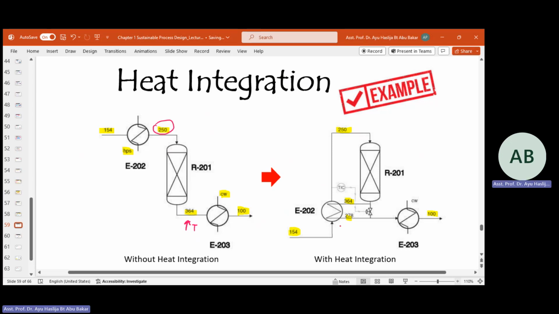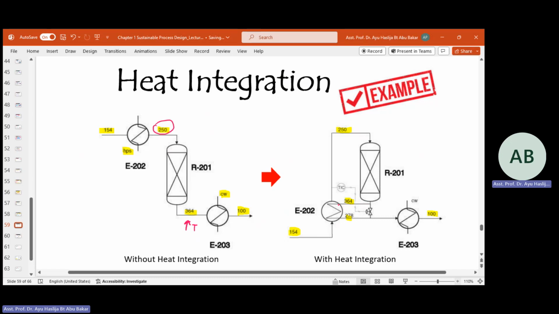Now with integration, let's see how it integrates. Since we know that the inlet needs to be at high temperature, the original feed supply, which is at 154, passes through the heat exchanger, which considers the outlet stream.